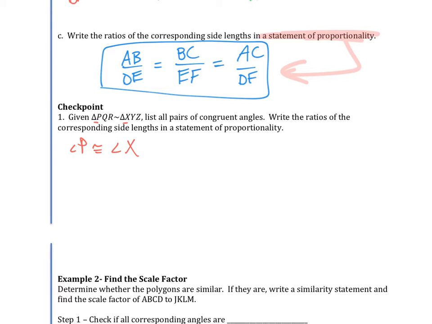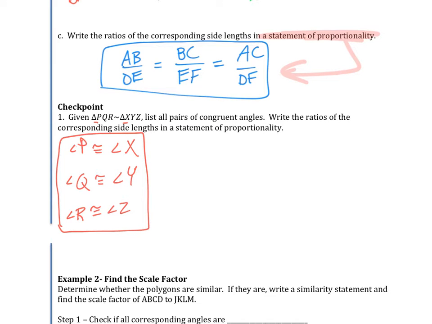The second letters are Q and Y. So angle Q is congruent to angle Y. And lastly, we would say angle R is congruent to angle Z. So that will be stating all of the pairs of congruent angles.